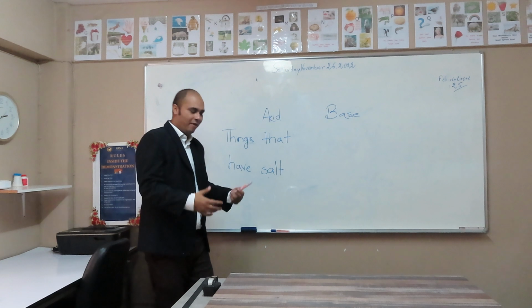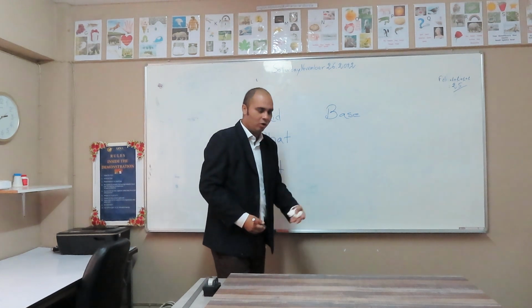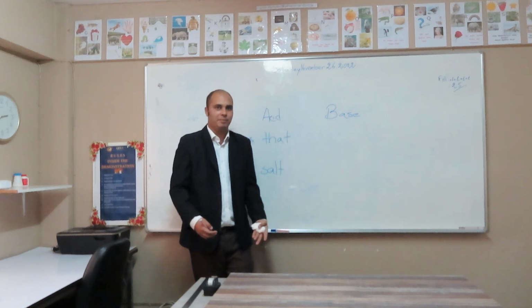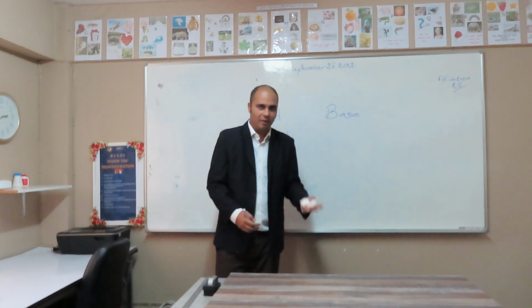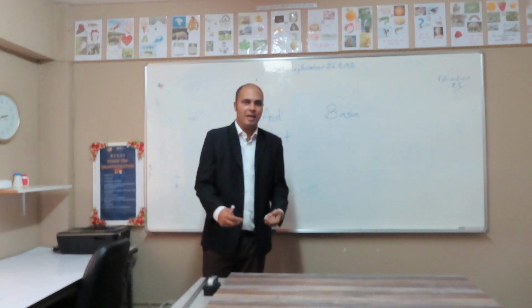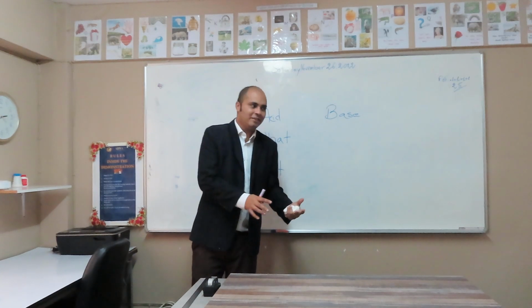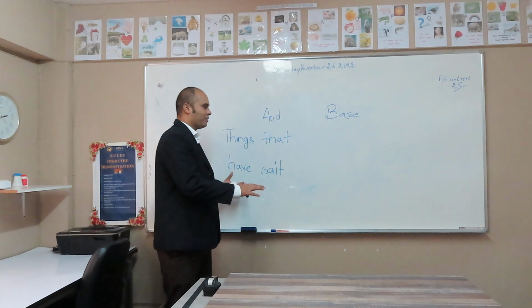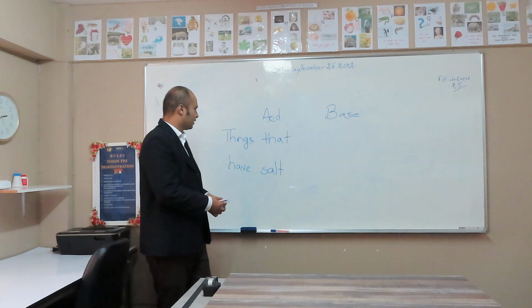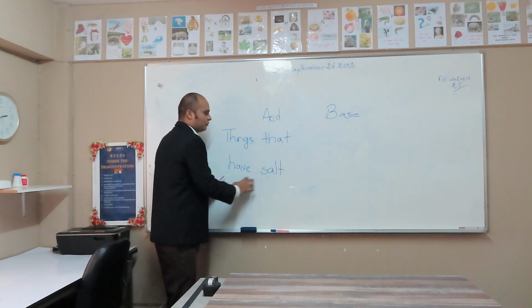As I have assumed you already have some knowledge of chemistry, because it's an M6 chemistry, that is grade 12 chemistry, and I am aware of some of the M5 curriculum, so it's a bit easier to understand. So acids: things that have salt.